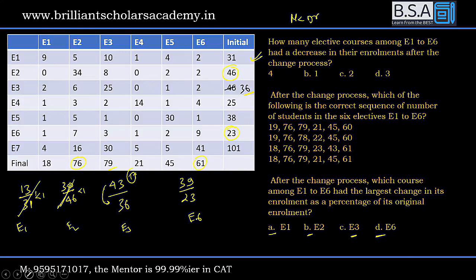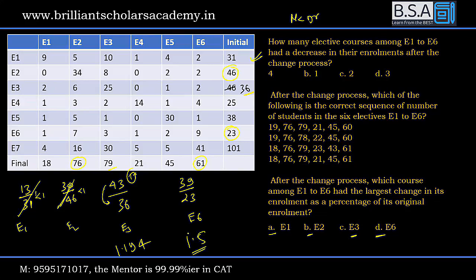Now you have many ways to compare ratios. If you don't want to compare, you directly divide both. Whichever is larger is the answer, because the numerator is by default the change value. So what do I have here? 43 divided by 36 is 1.194. And 39 divided by 26, I have 1.5.